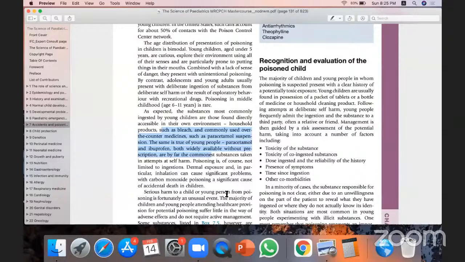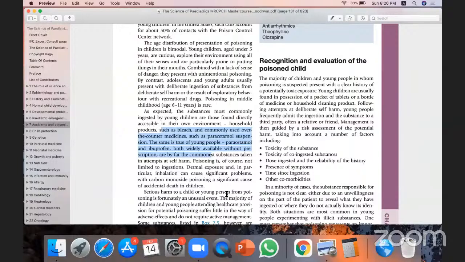Some families have anti-epileptic drugs because some child has epilepsy. And if the grandfather or grandmother has hypertension or diabetes, they use oral hypoglycemic agents like metformin. So you will see these things, and especially cardiac drugs, like some antihypertensive drugs. So these poisonings are very common, household poisoning.